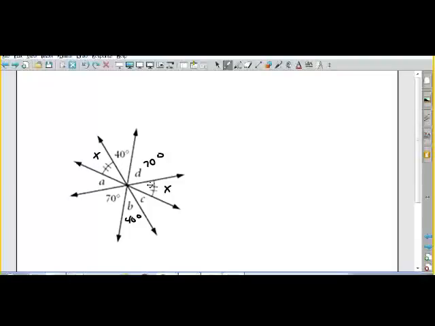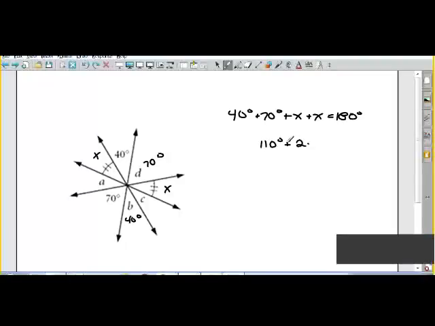Right, so let's just call it X. So we'll say that the value of these unknown angles here are X. So what James said was 40 degrees plus 70 degrees plus X equals 180 degrees. Because here we have a straight line. We have four angles that make up that 180 degrees.